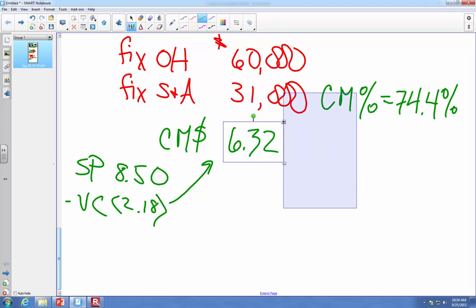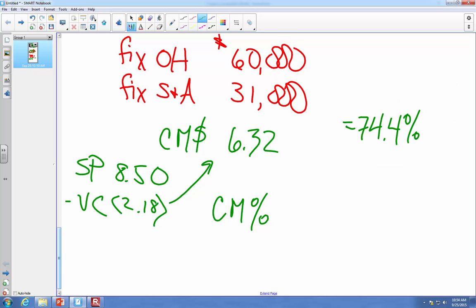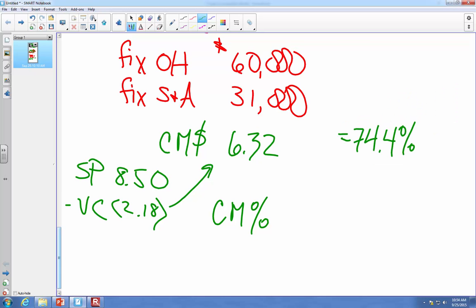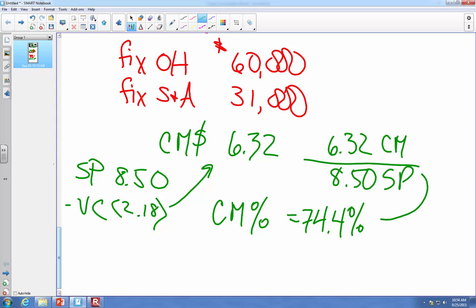Where does this come from? Each bulk disc has a contribution margin of $6.32. What percentage of the sales price is that? Right?